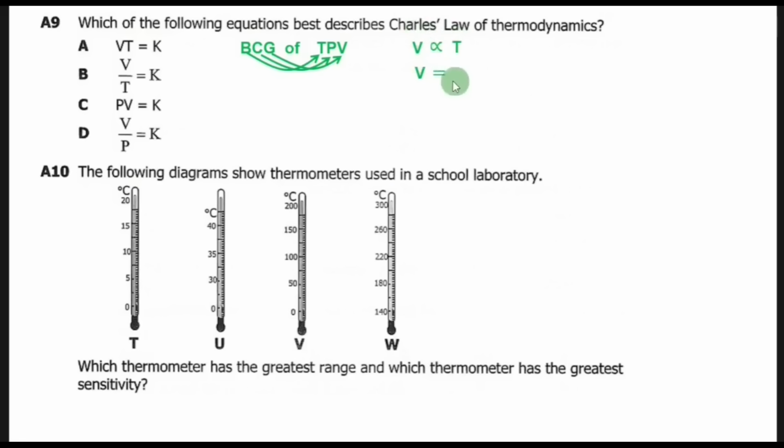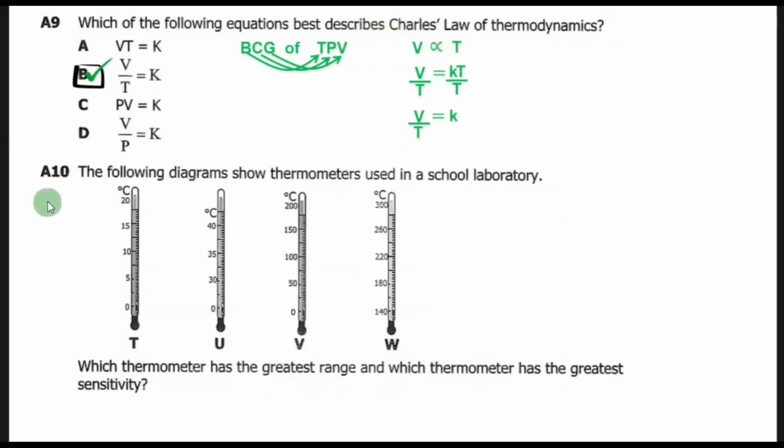Then according to variation, we put K, then T. So V equals KT. If we try to make K the subject of the formula, we divide by T so that we remain with K. So K equals V over T. When we look at this equation, it resembles V over T. So this is the equation that describes Charles' law.